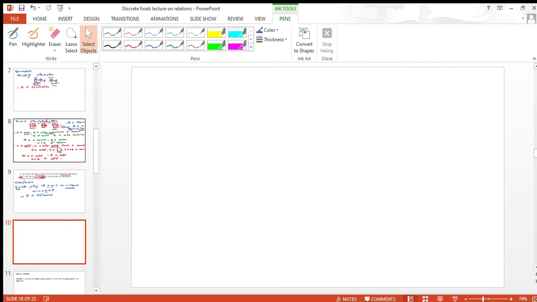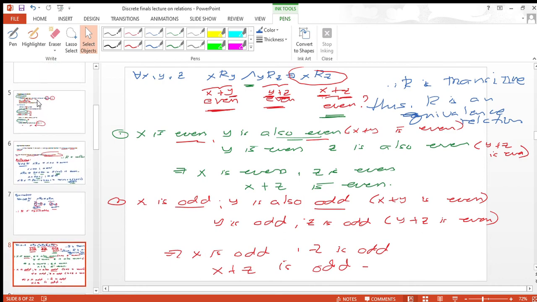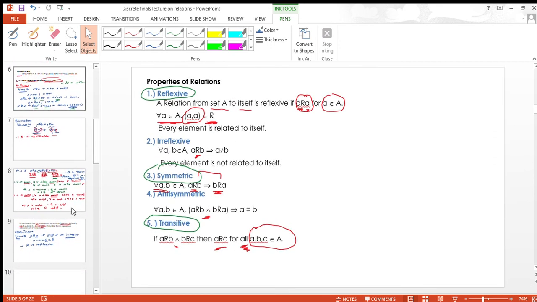Next, after showing R is reflexive, the next property that we have to show is symmetric.